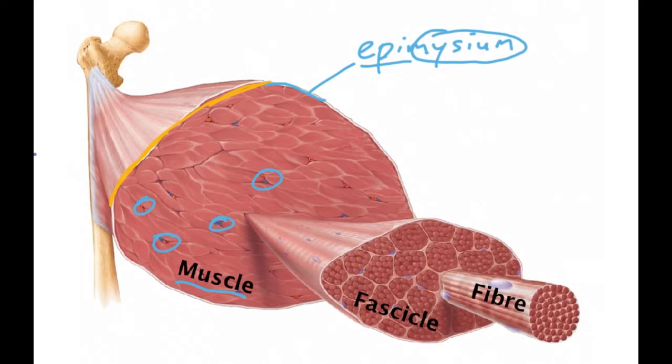And then coming out of that, if you look, we are going to pull out these fascicles. So what they're pulling out here is called a fascicle, and it is defined as a bundle of muscle cells.